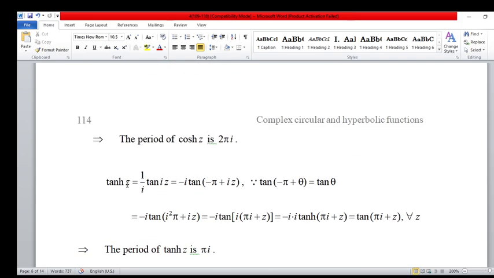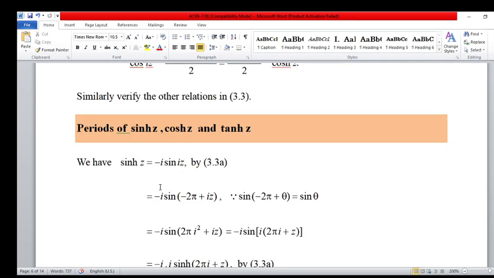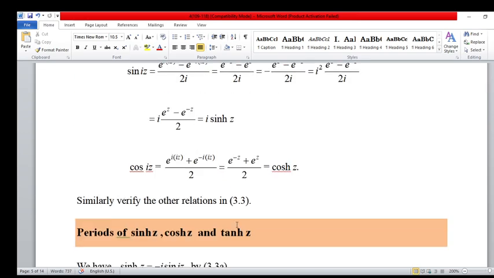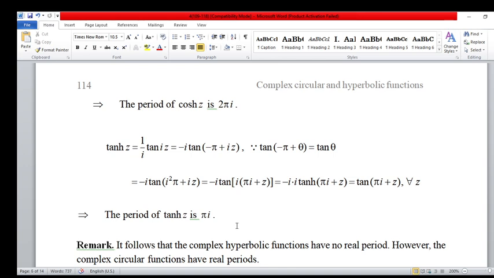Now third, tan hyperbolic z is equal to 1 upon i tan iz. Why 1 upon i? Come back here again, tan iz is divided by i, so tan hyperbolic z is tan iz upon i, multiplied by i and divided by i.